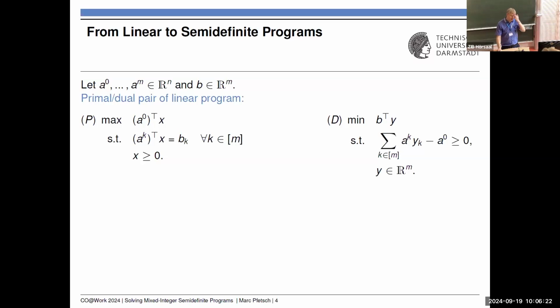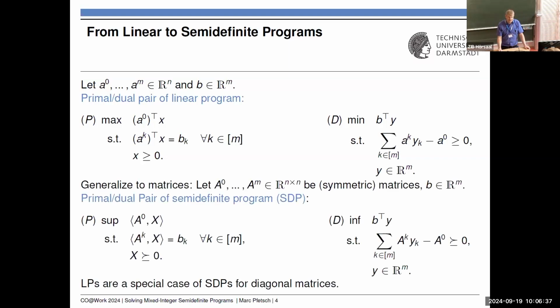Again, if you write the vectors in a matrix, then this is A transpose y minus a0 greater or equal to 0. Now we want to generalize this to matrices. We just turn the vectors into matrices, and we turn lowercase letters into uppercase letters. So we have A0 up to Am.